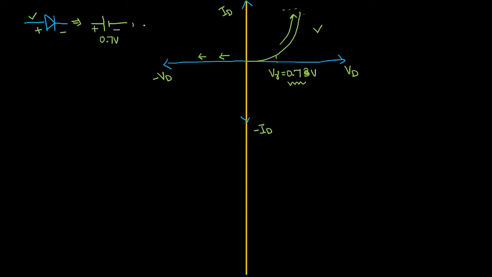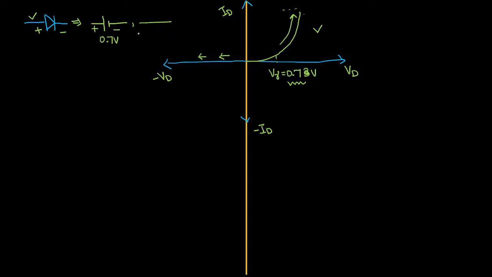If they say the diodes are ideal, then you have to short circuit. Ideal diode means forward voltage will be 0. The moment you inject even 0.001 volt, the diode will turn on. So approximately the diode acts as a short circuit and starts carrying current. That is the case of an ideal diode.